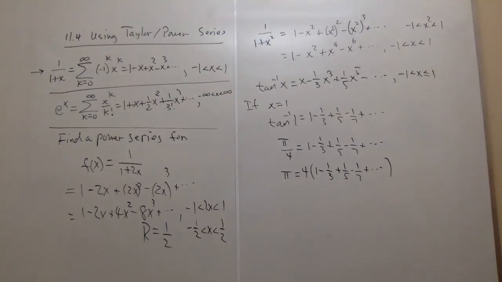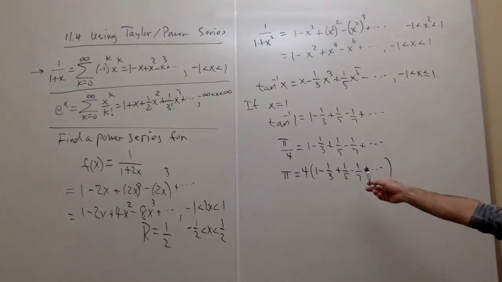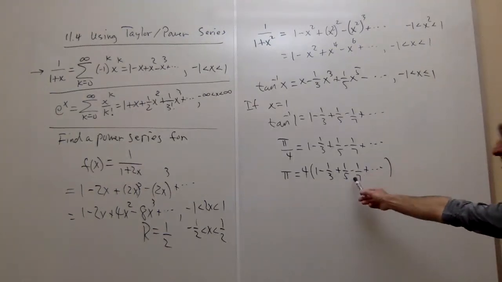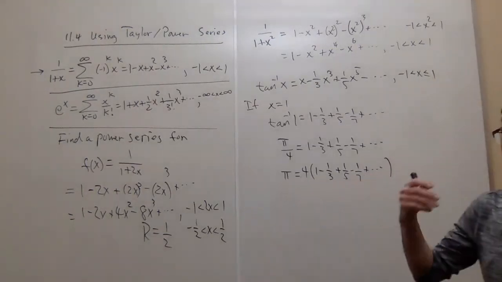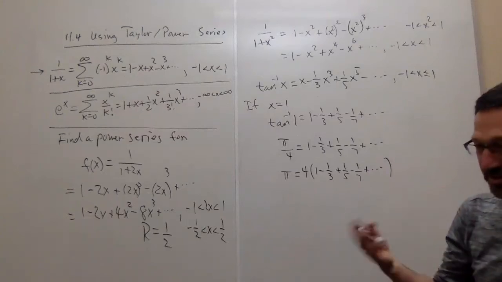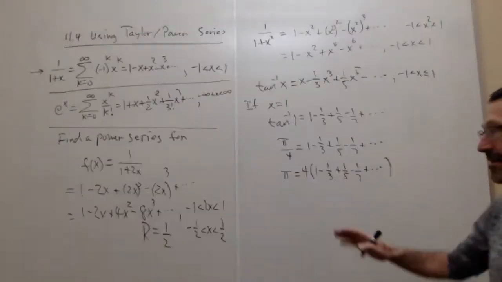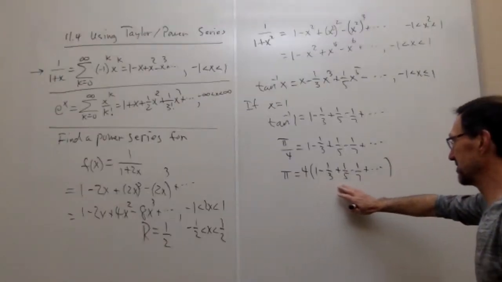Of course, the sequence goes on and on, never repeats. But how do we know the digits of pi? We can use this series. That is, this series converges to pi.